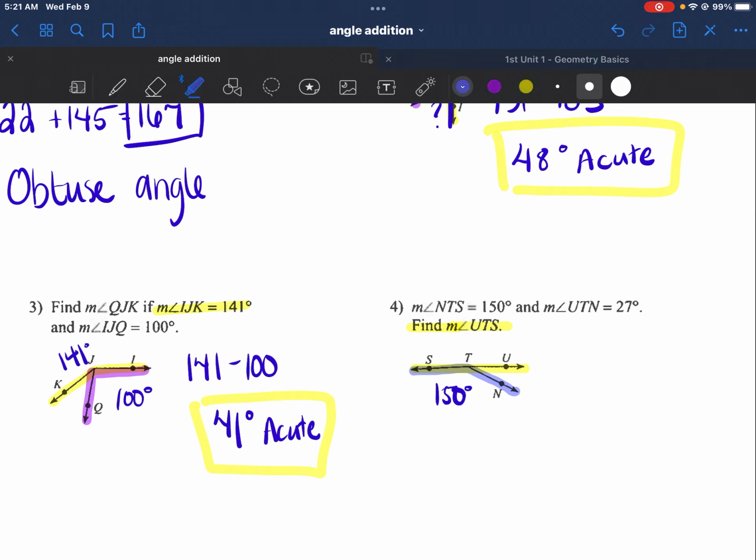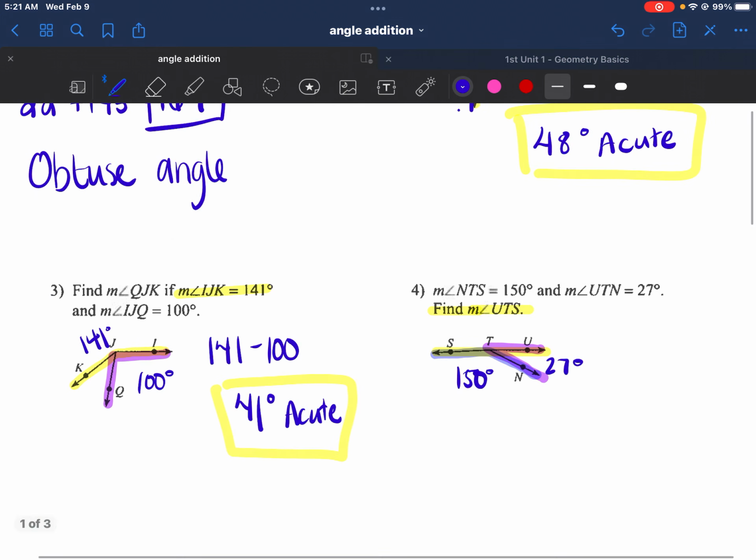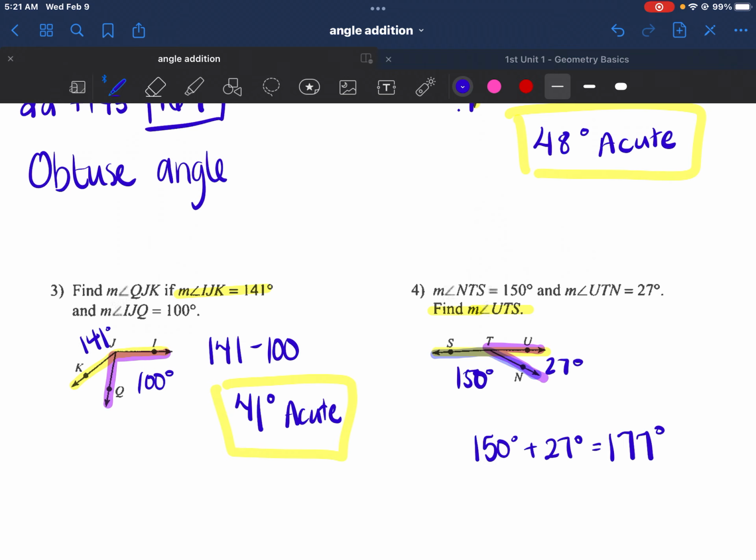And we have UTN, which is only 27 degrees. So I need to add 150 and 27 degrees to see what is the angle for UTS. So you got 150 plus 27, which is going to give you 177 degrees.